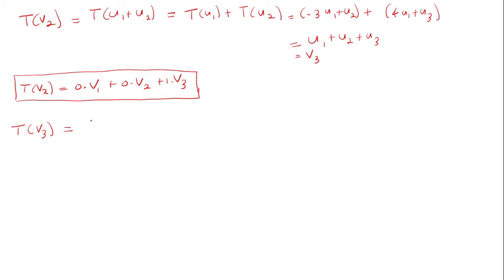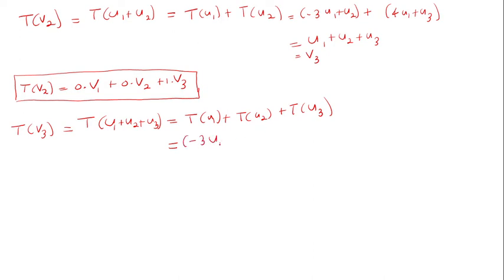I know that V3 equals U1 plus U2 plus U3, so I can write TV3 as T of U1 plus U2 plus U3, and as I did previously, from the linearity you can say that this is equal to TU1 plus TU2 plus TU3, and now you have to substitute for TU1, TU2 and TU3.